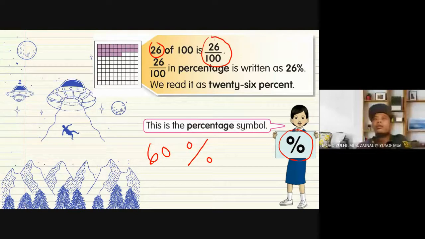Okay, this is what you can see, 26 over 100 in fraction. This is what we learned in decimals before. So 26 of 100, 26 hundredths. If we convert it to percentage, you just make sure of the over 100.